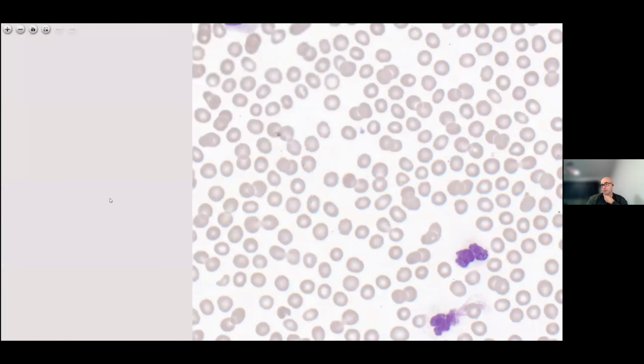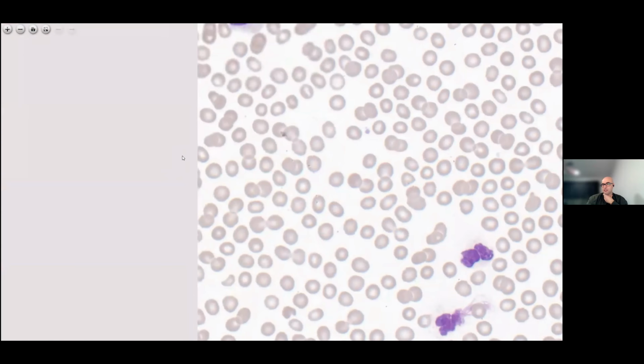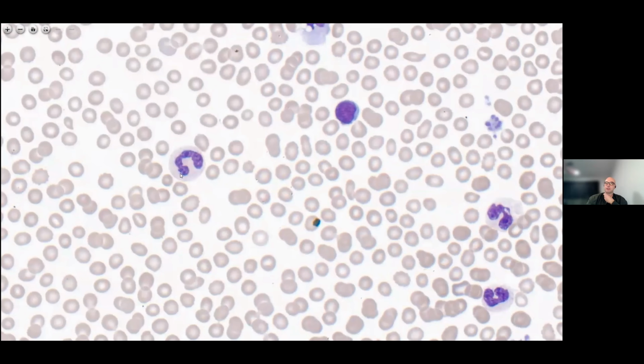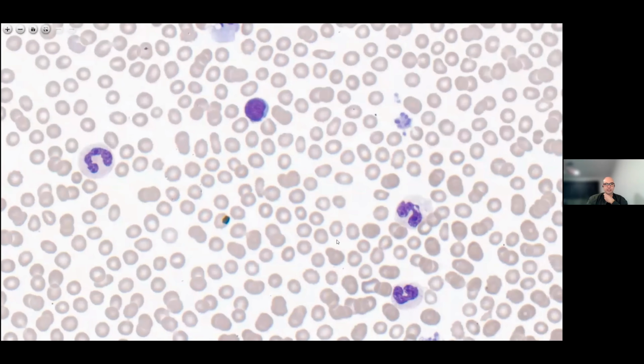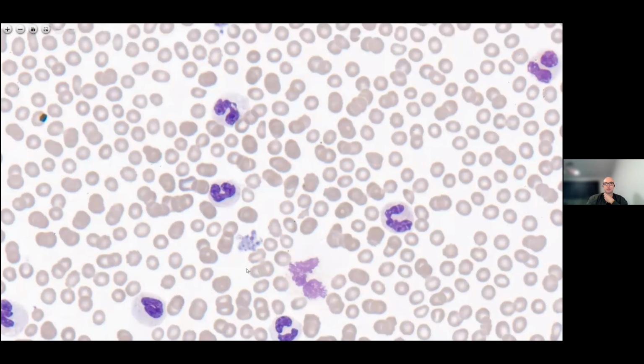You can also get band forms in a reactive process. A band form is where there's one lobe stretched across the cell, and it often forms a C shape or an S shape or even a straight line. So in these cells, there do appear to be a few bands.